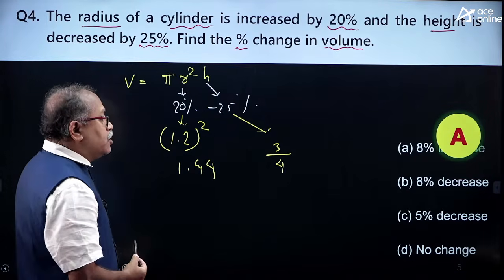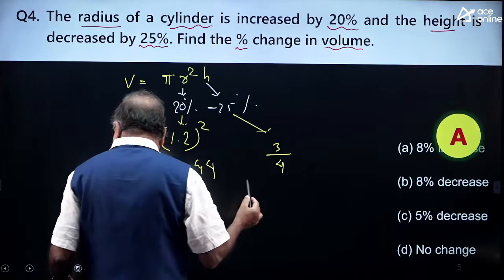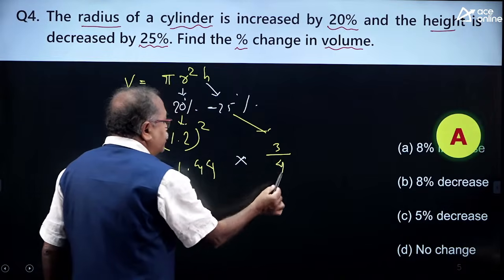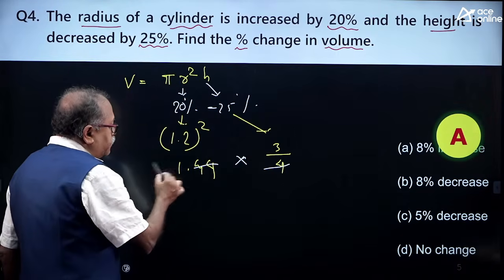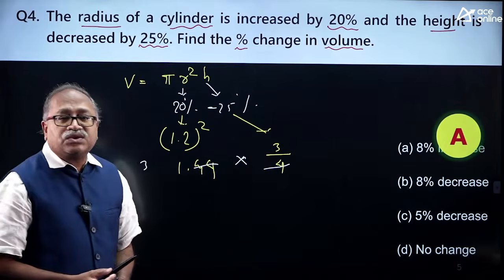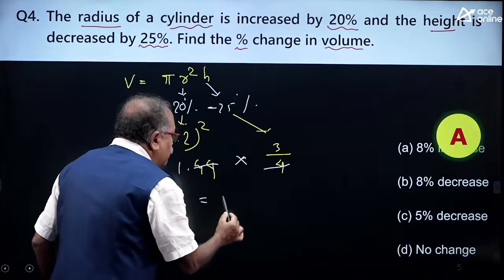So what is the overall percentage change? The overall percentage change will be the product of these. I will be writing over here itself the product of these two parts with 4, and I cancel this one. 4 3s are 12 and 4 6s are 24, and 36 into 3 comes to 108.